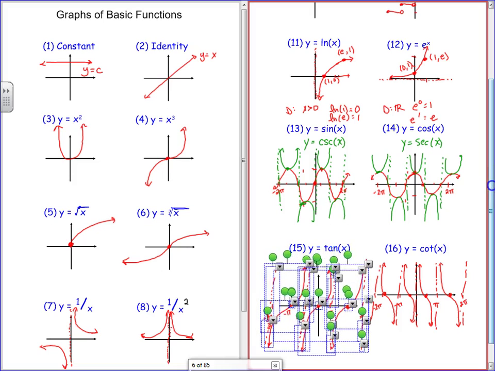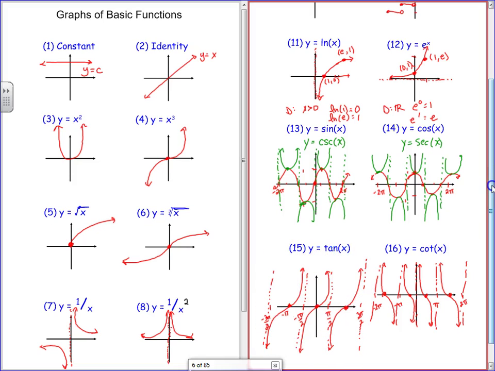But tangent, I want you to add in a different color, y equals tangent inverse. He's the only inverse we have to worry about as far as the AP goes, so we're just stopping there and not going crazy.